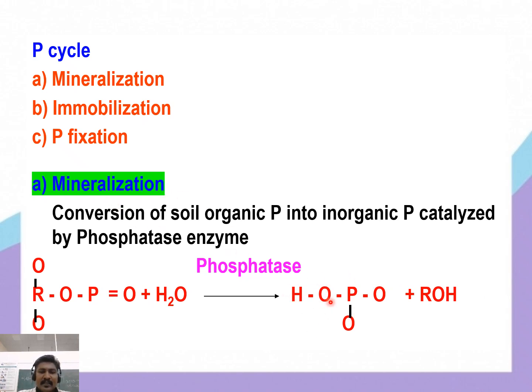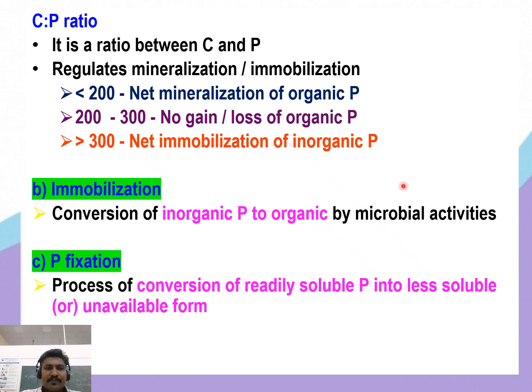The mineralization should happen continuously and flawlessly to ensure the availability of phosphorus to the crops. So there is a C:P ratio, carbon to phosphorus ratio, the amount of carbon to the amount of phosphorus in the soil. It depends on the mineralization and immobilization processes.